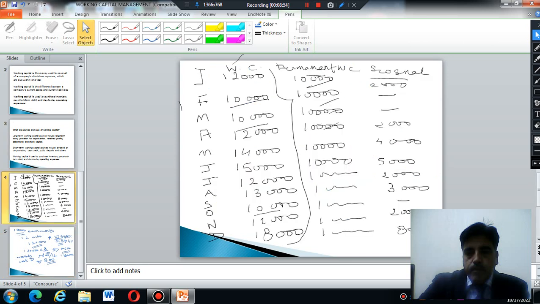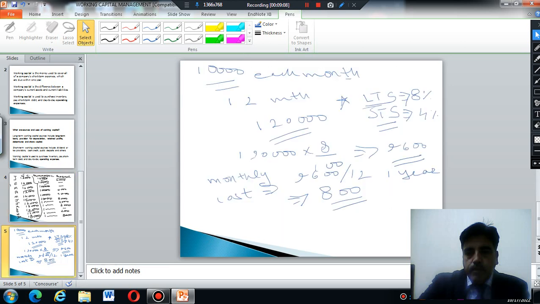Now we will see what was the additional seasonal amount. See in the previous slide, this 2000, 4, 8, 13, 15, 18, 20, 28,000 requirement is this, okay. 28,000 for 1 year seasonal working capital requirement.